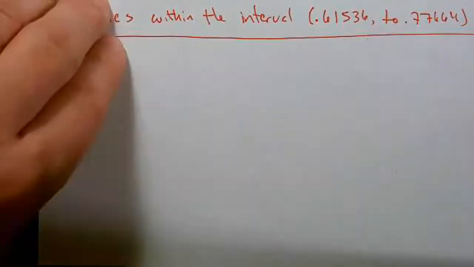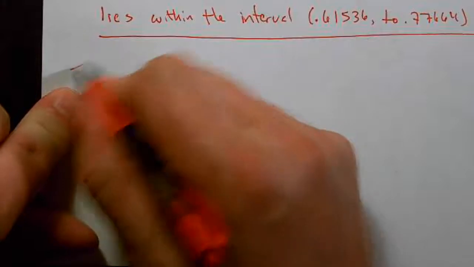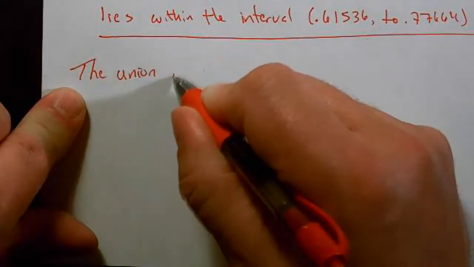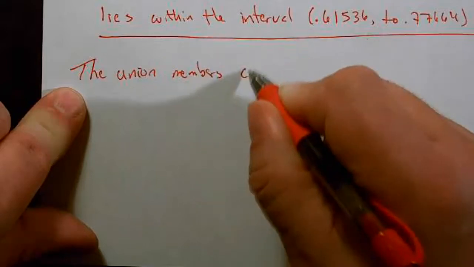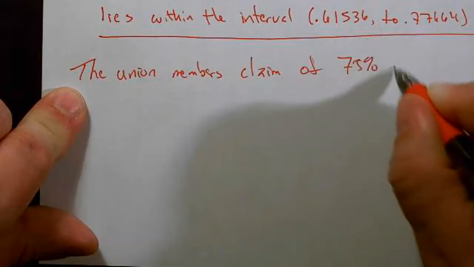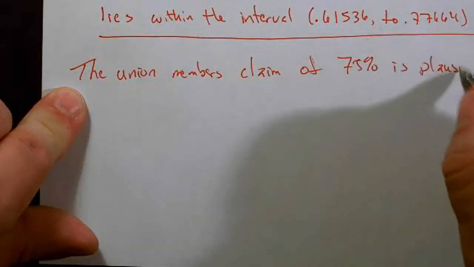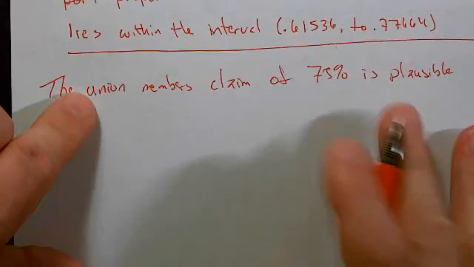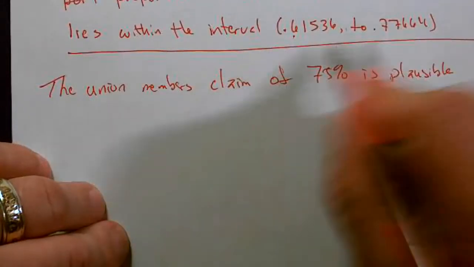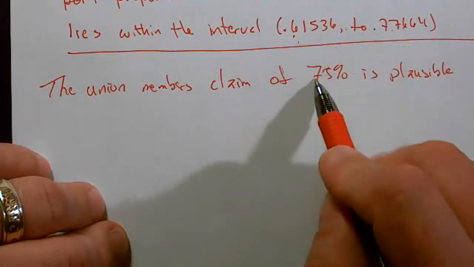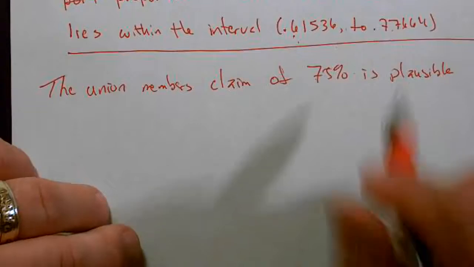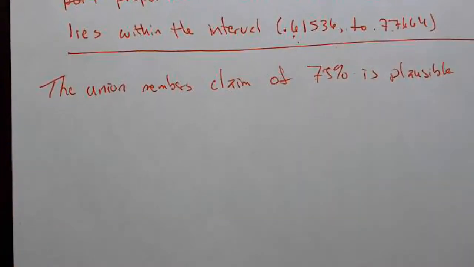And even though they didn't ask us this, we can say the union members' claim of 75% is plausible. It's plausible because it lies within the interval. The interval went from 61 to 77, and 75% is in there, so it's plausible. Doesn't mean it's right, but it's plausible based on our confidence interval.